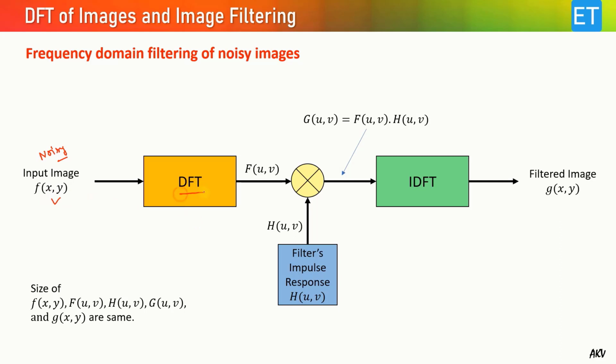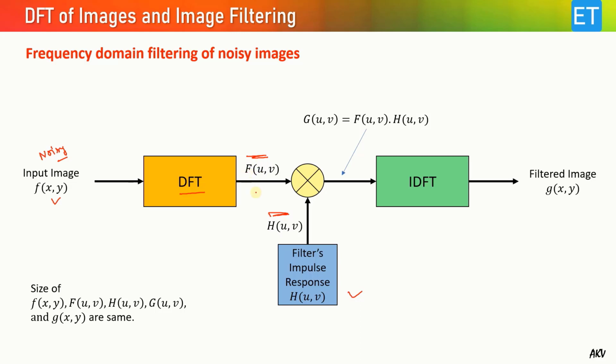First we take the DFT of it, so it is converted into F(u,v). We have the filter response H(u,v), so we choose H(u,v) depending on our application. If we are applying a low pass filter, we will choose H(u,v) of low pass, and we have further choices: either ideal, Butterworth or Gaussian, etc. In the frequency domain, we simply multiply this frequency response of the filter and the DFT of the image.